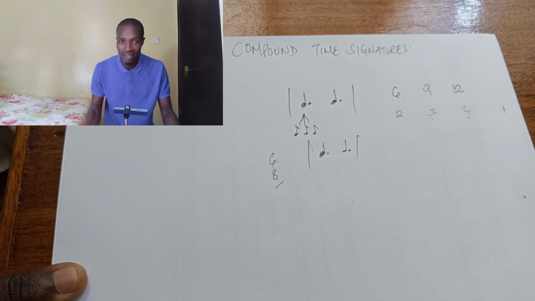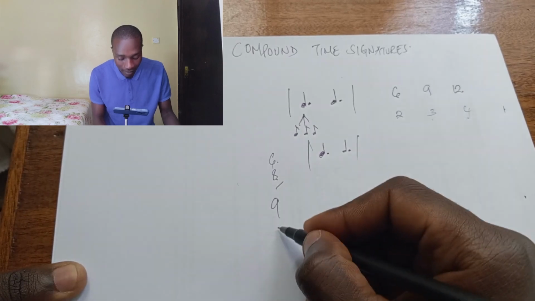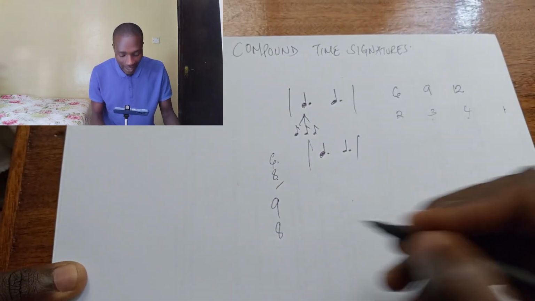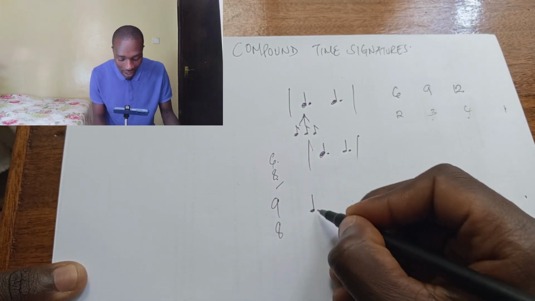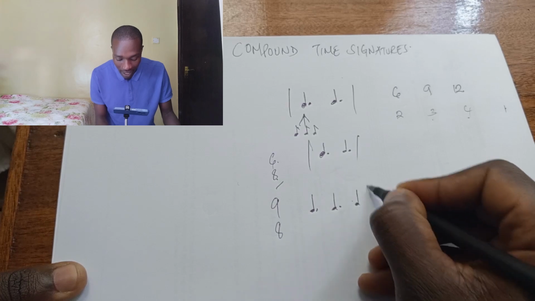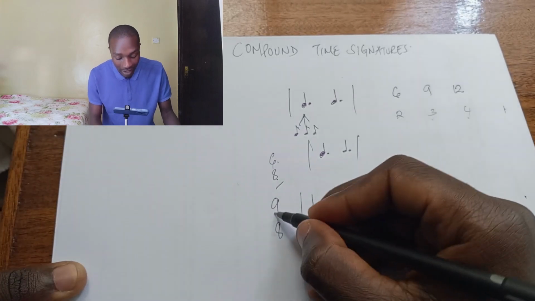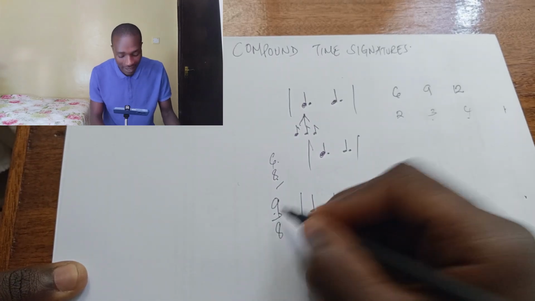We can also have another example like 9/8. 9/8 will have 3 dotted beats in a bar. And in simple time, we can define it as 9 quavers in a bar.